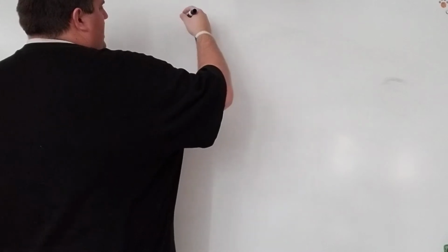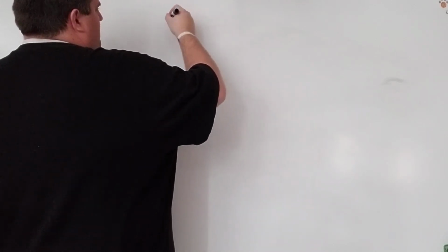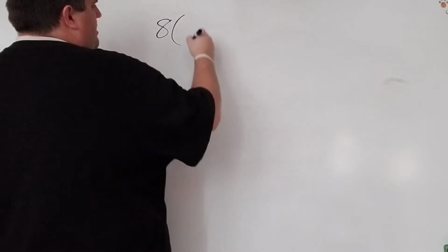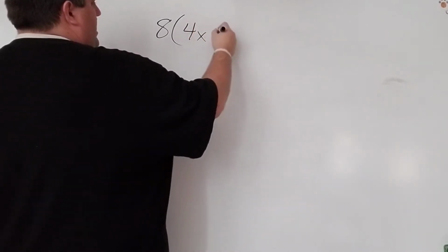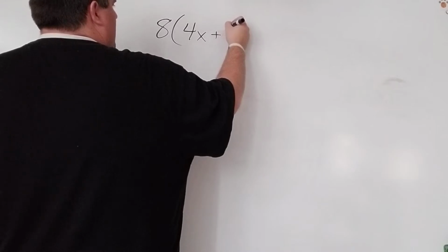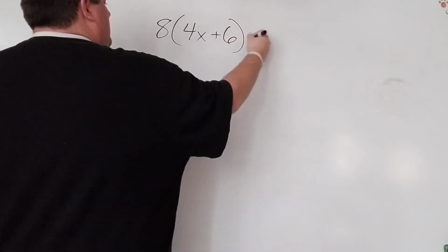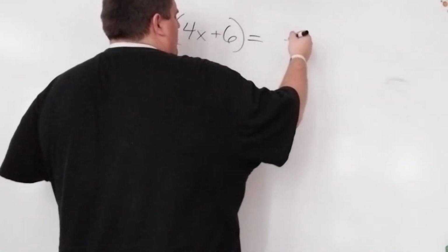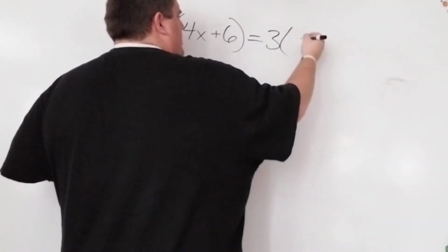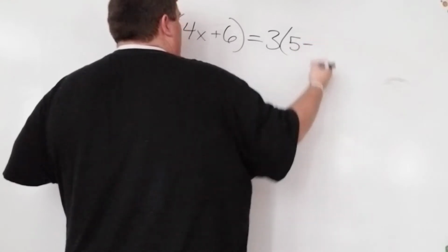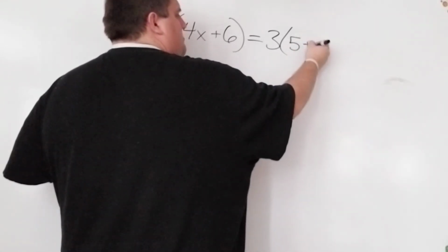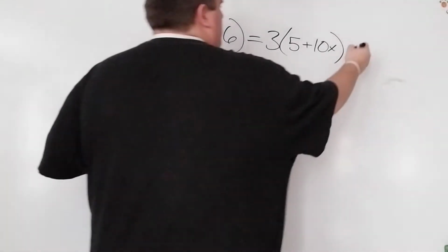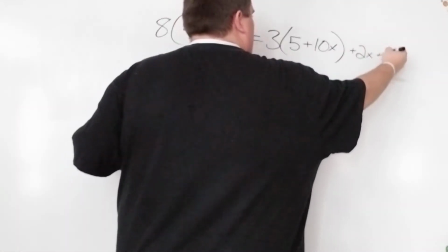So let's say we had something like 8 times the quantity 4x plus 6 equals, and on the other side we'll have something like 3 times the quantity 5 plus 10x, plus 2x plus 1.